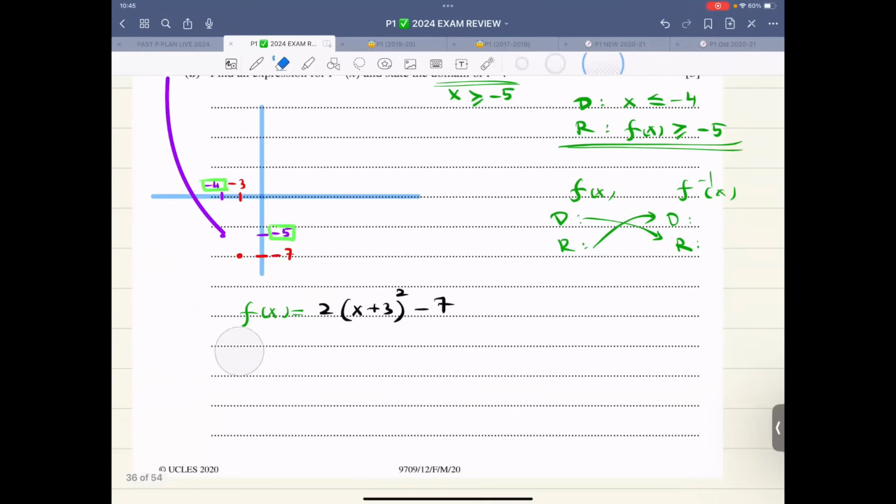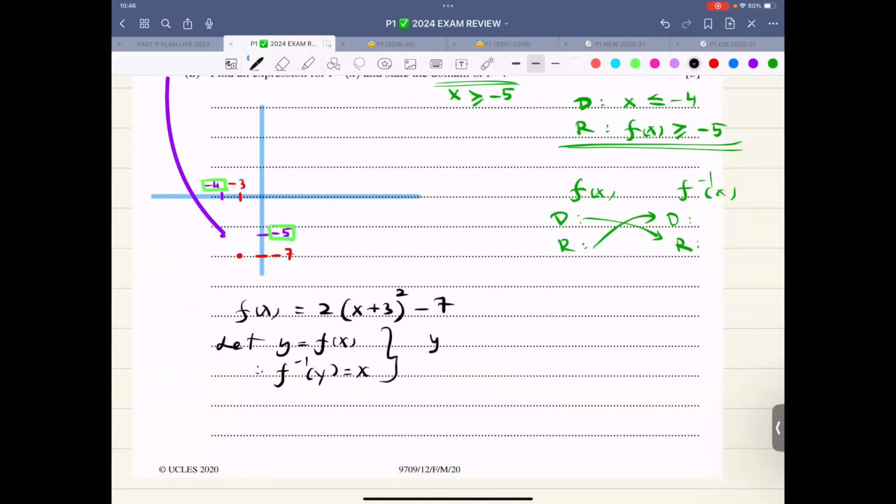Then we will write, let y equal f(x). Therefore, f inverse y equals x. So y is equal to 2(x + 3)² - 7. (y + 7)/2 is the bracket squared. The square root of (y + 7)/2 is x + 3.